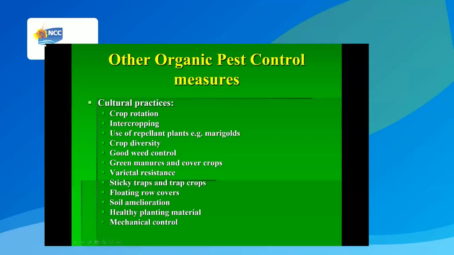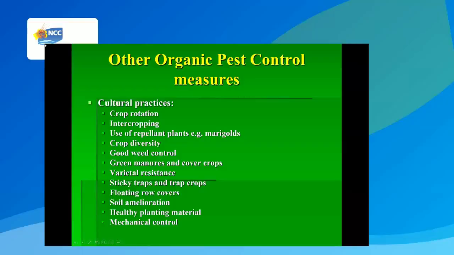And the last one in this list is mechanical control, which basically means you go around and pick off your insects like your caterpillars and beetles and that sort of thing off your plants, or take a stick and knock them off and simply crush them, right? So that's a range of other organic pest control measures that you can use.